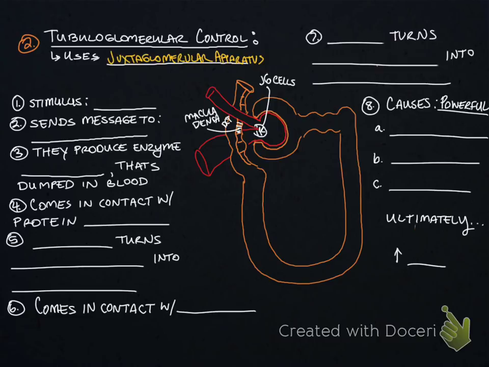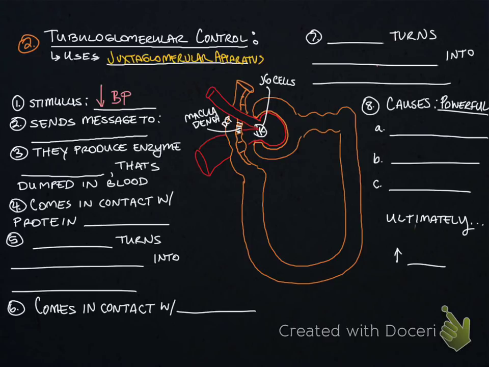These macula densa cells monitor the filtrate, and if they detect a change in blood pressure, they're going to send a message to the JG cells. So let's work through this scenario. So our stimulus here is not an increase in blood pressure, but a decrease in blood pressure. So the first one was an increase.